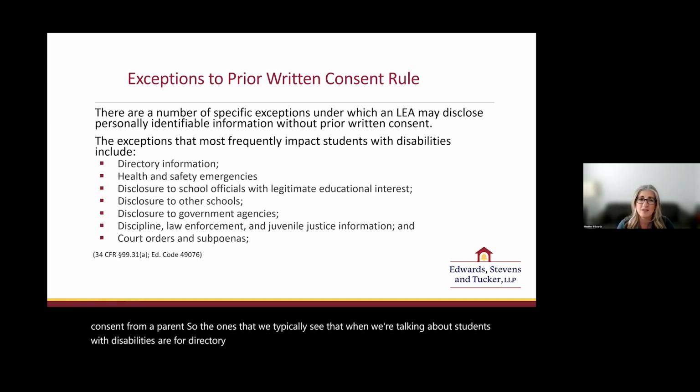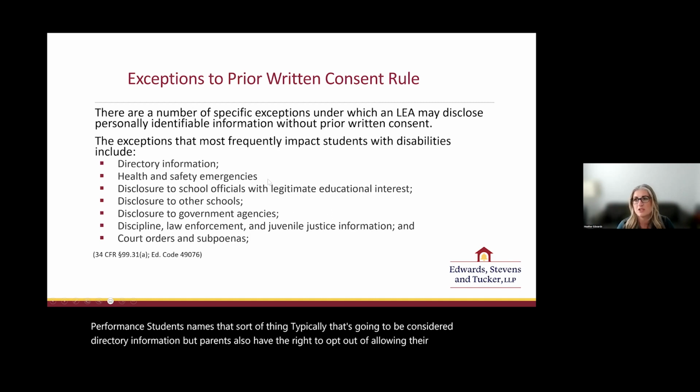And so that's the kind of information that you would typically see in a yearbook or on a program of a drama performance, students' names, that sort of thing. Typically that's going to be considered directory information, but parents also have the right to opt out of allowing their child's directory information to be disclosed without parental consent. So definitely something just to be aware of.